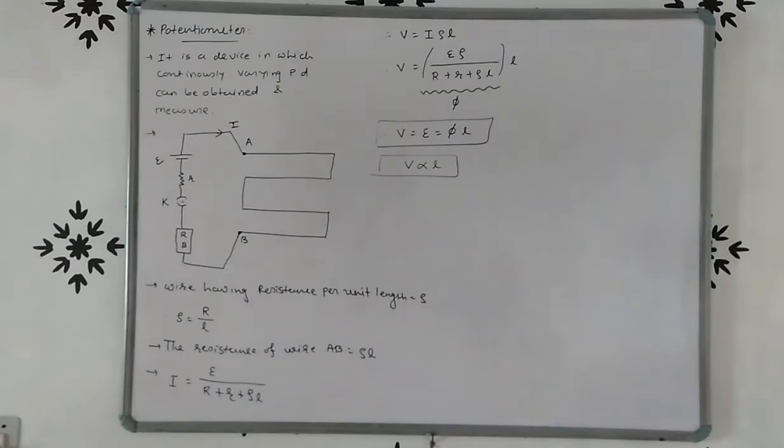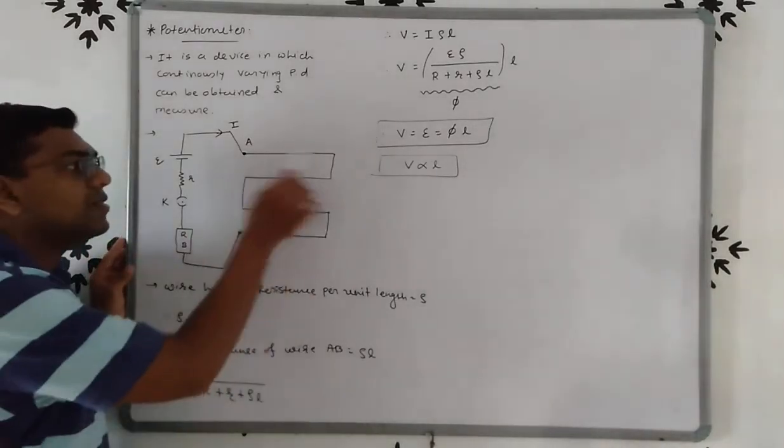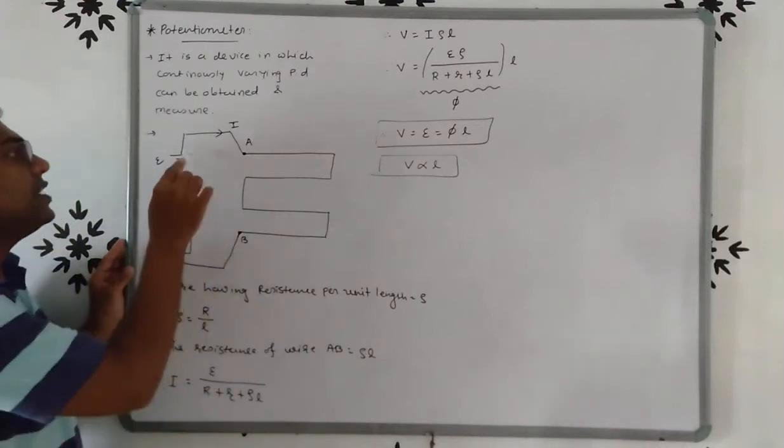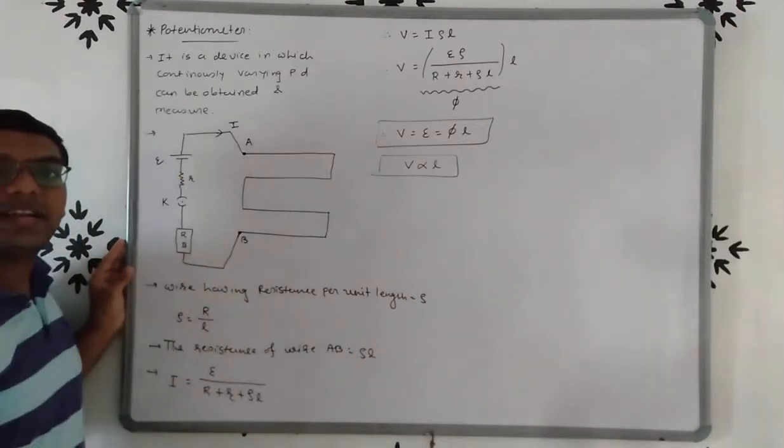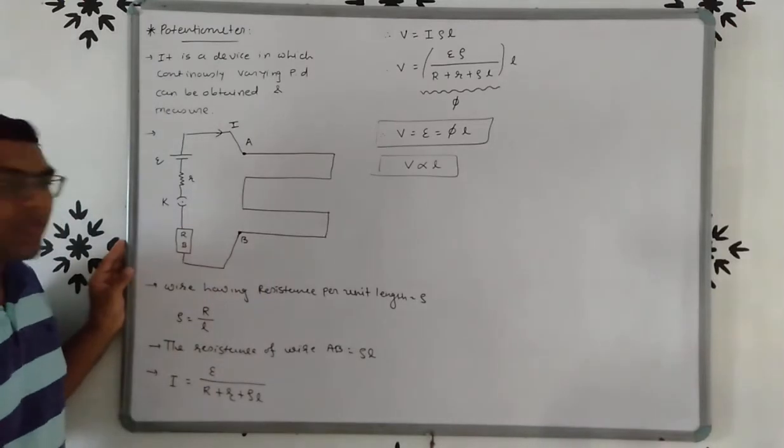Again friends, what is potentiometer? Potentiometer is a device in which continuously varying potential difference can be obtained and measured. In potentiometer there is a wire which is connected with battery having internal resistance small r, key and resistor bank.